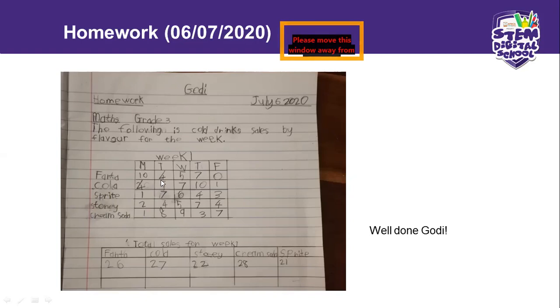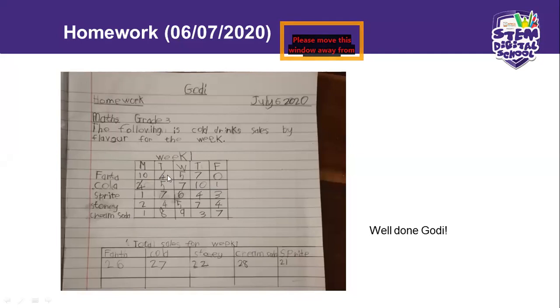So like we said, a table tells a story. What is the story that this table is saying? The story is telling us that on Monday, 10 Fanta cool drinks were sold. On Tuesday, 4 Fanta cold drinks were sold.